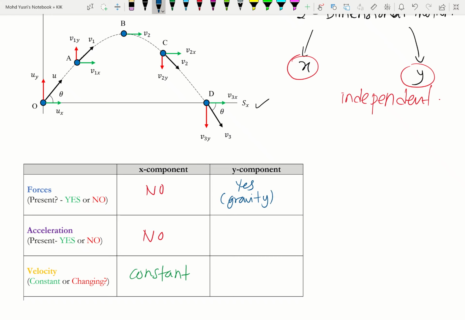If there is a gravitational force downward, there will be an acceleration which is equal to negative g, and g is given as 9.81 meter per second square. Since the object moves with acceleration, the velocity of the object is changing.